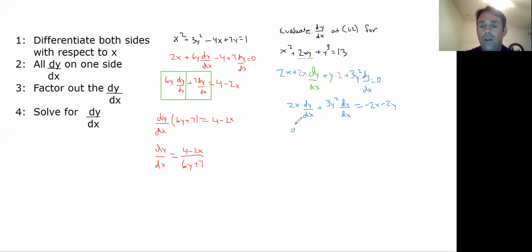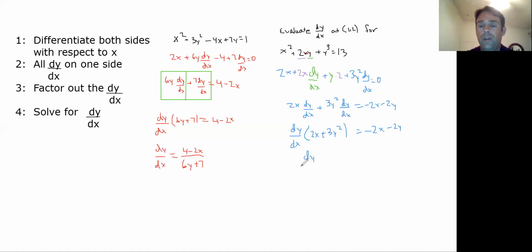Factor out my dy/dx. And I'm left with 2x plus 3y squared. And then we're going to divide by it.